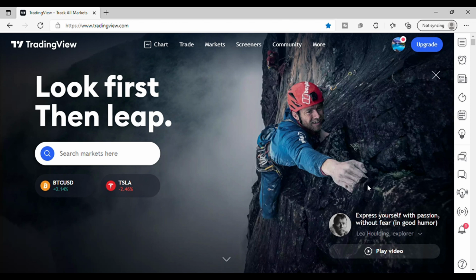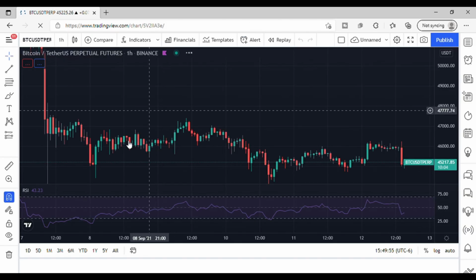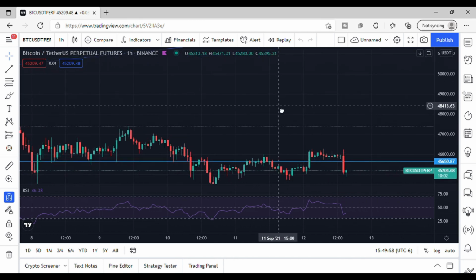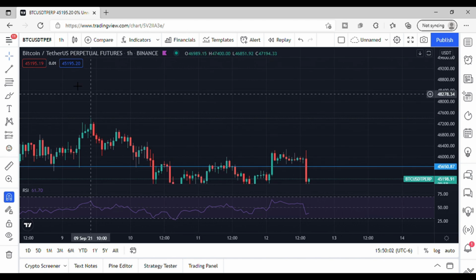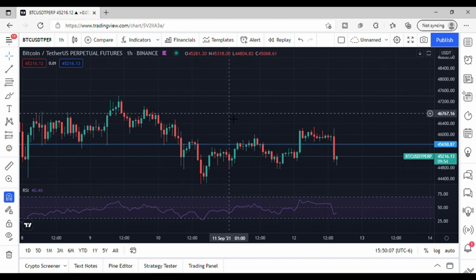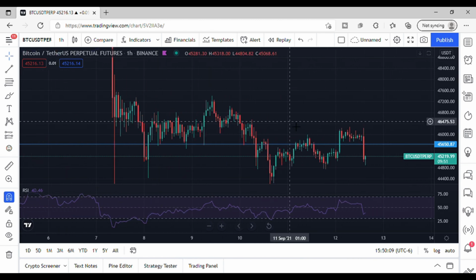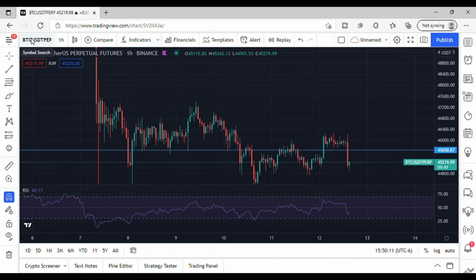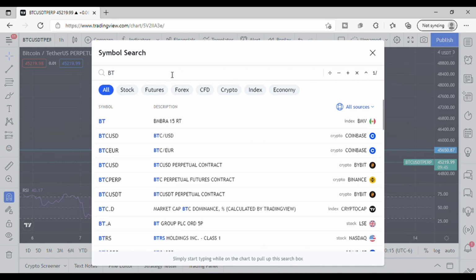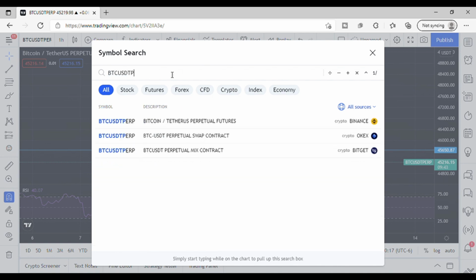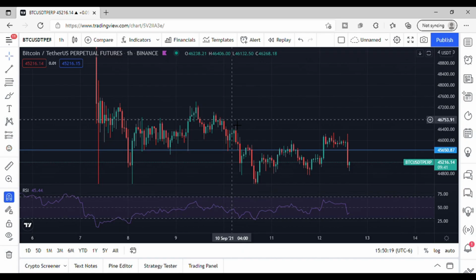When you get on TradingView, you want to go to chart, and mine is automatically set to Bitcoin, so this is the Bitcoin chart. If yours isn't set like that, you can just switch it on the top left here. Just search for Bitcoin, BTCUSDT, and select the first one.